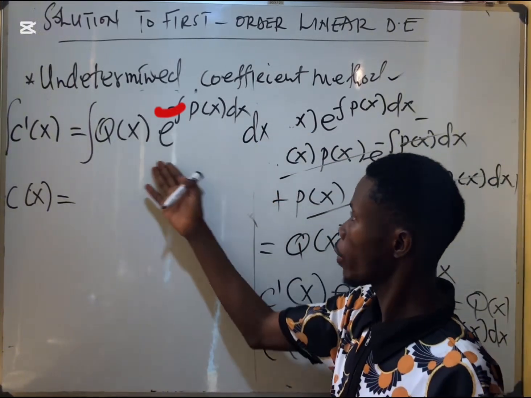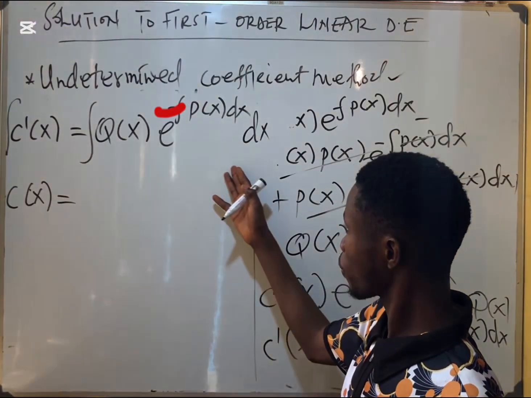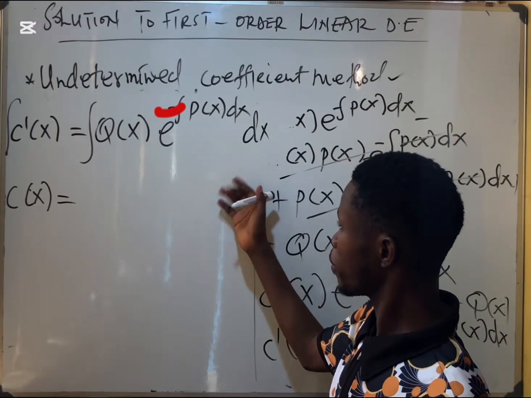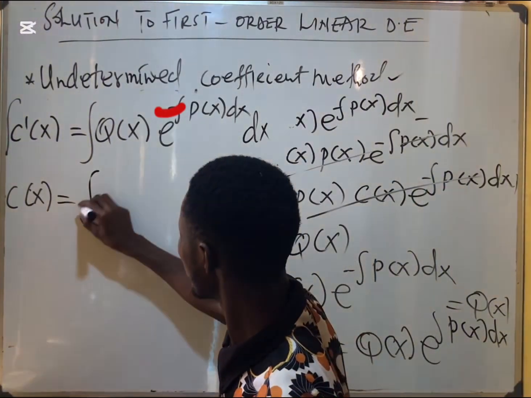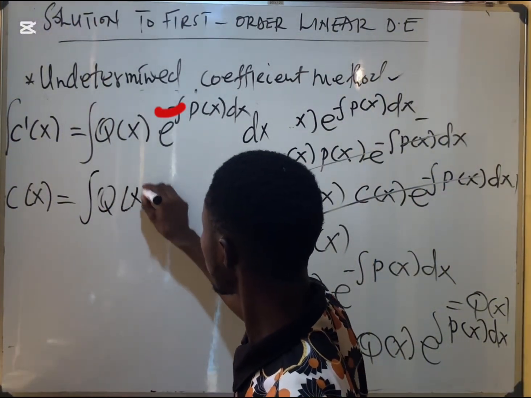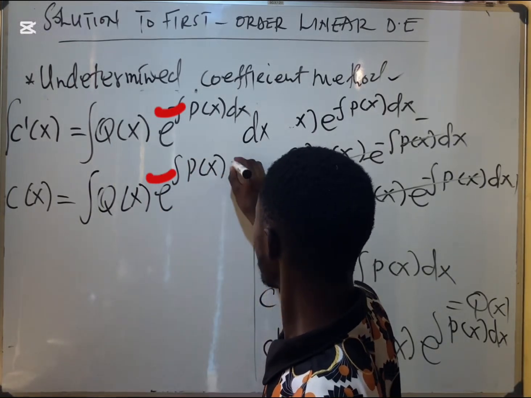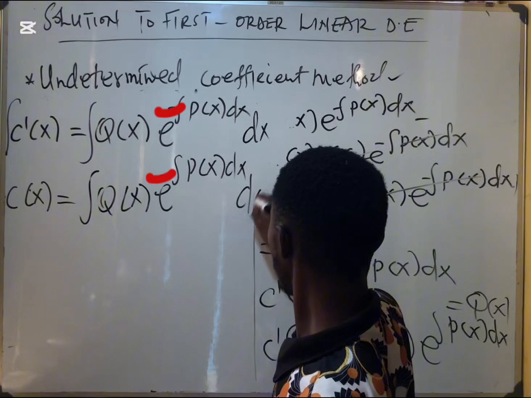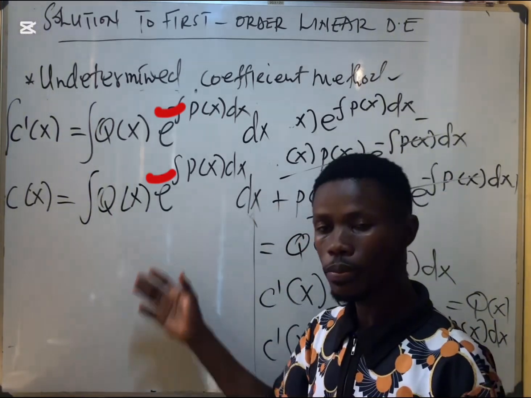Okay, so now that we have this, if you integrate this one, it is not simple, so we leave it like that. That will be the integral of k of x e to the integral of p of x dx, dx, like this. Is that okay? So this is what we have.